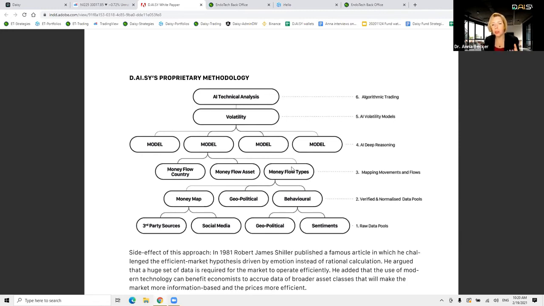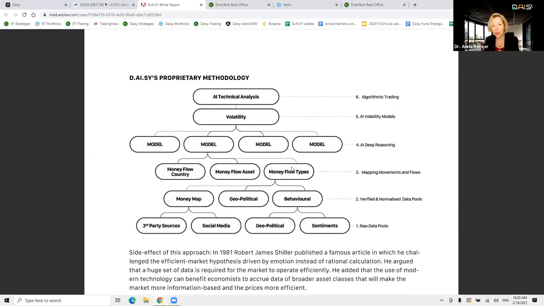So the deep reasoning is supposed to help us understand the reality of the story, whether the general multi-country opinion about Bitcoin is still very volatile and people think it can be pushed further, or it's already declining.